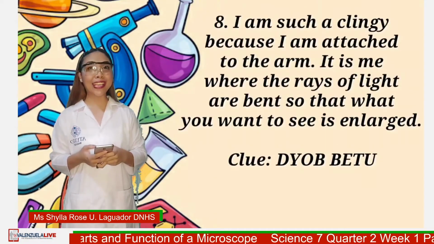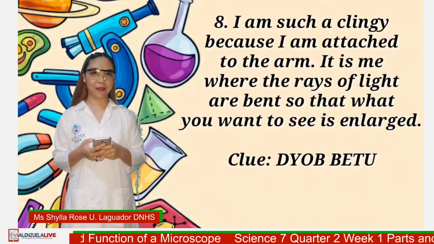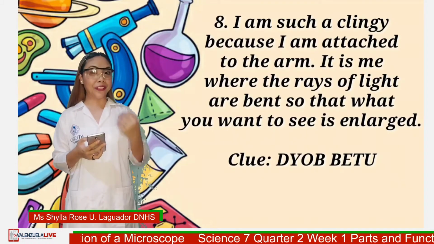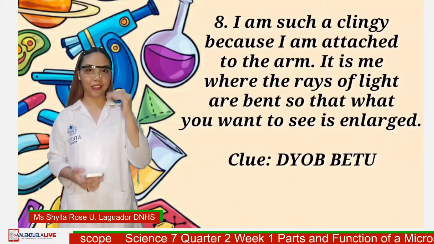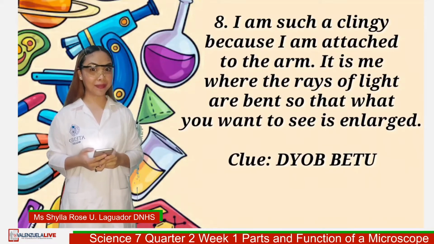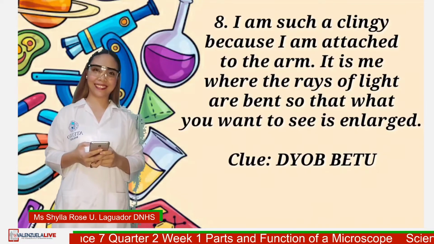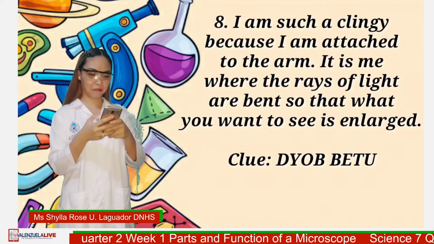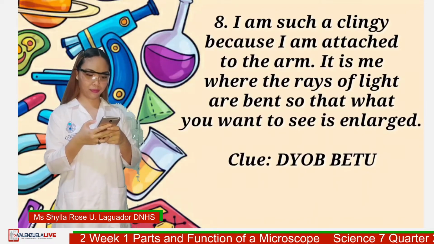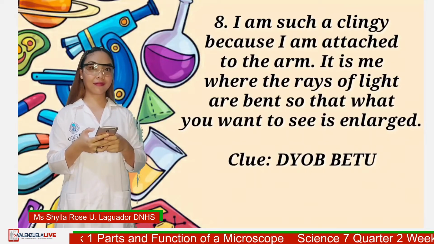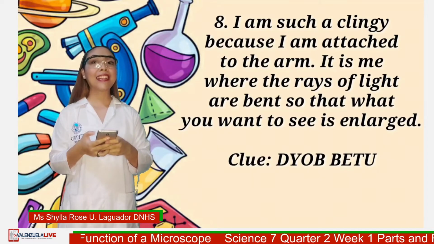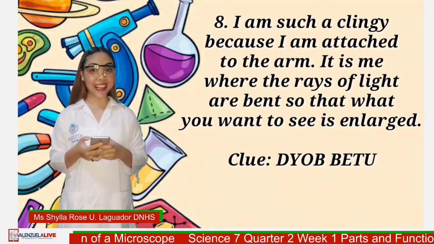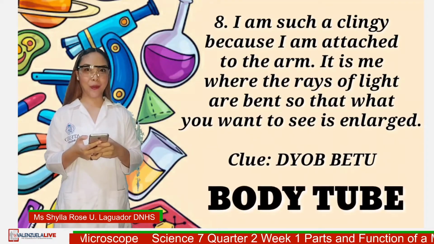I am such a clingy because I am attached to the arm. It is me where the rays of light are bent so that what you see is actually enlarged. Guess who I am? Your time begins now. Time's up. The correct answer is body tube.